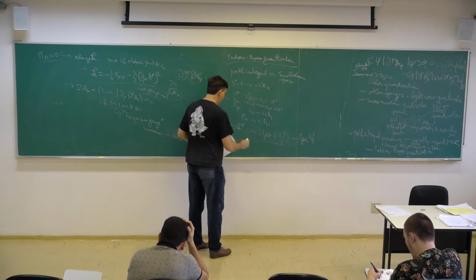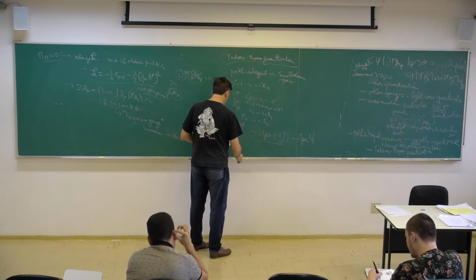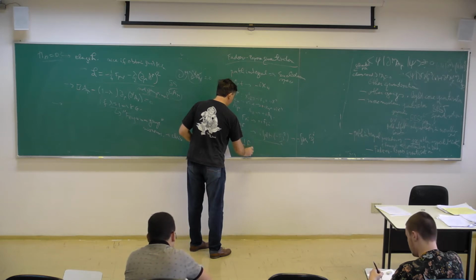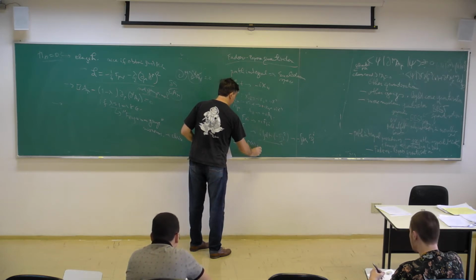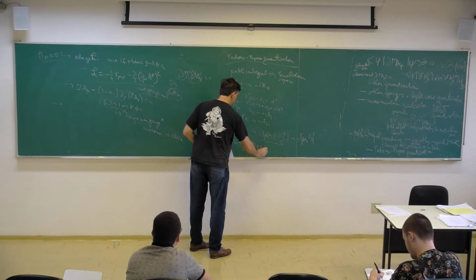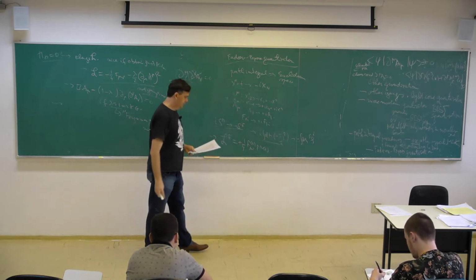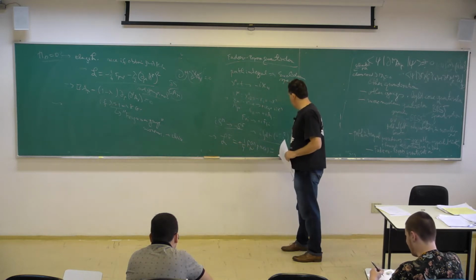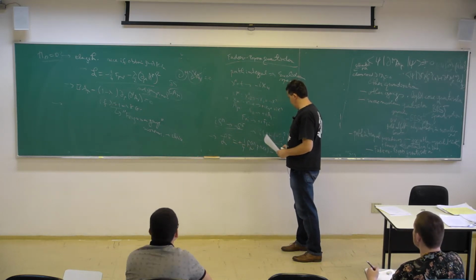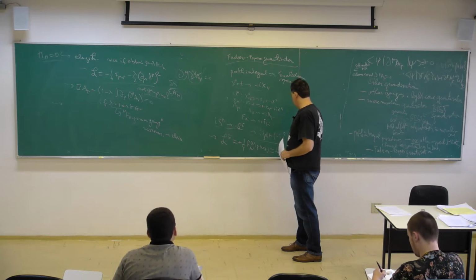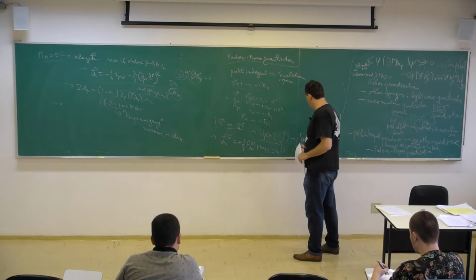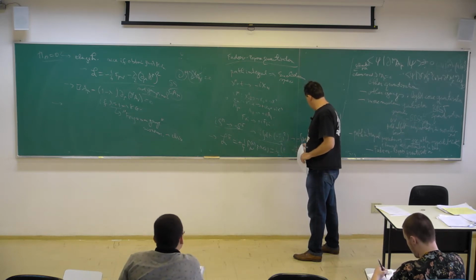So now the full action in Euclidean is just the generalization of this, F mu nu Euclidean, F mu nu Euclidean, right? And as before, I can write this as 1/2 and then b Euclidean squared.